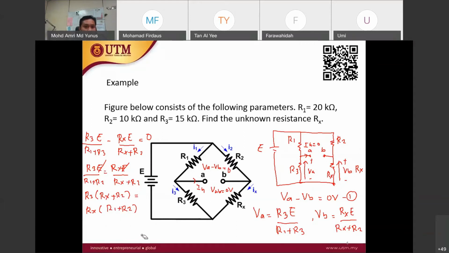So R3 multiplied, I think this part is okay. Minus, so this is supposed to be R3.